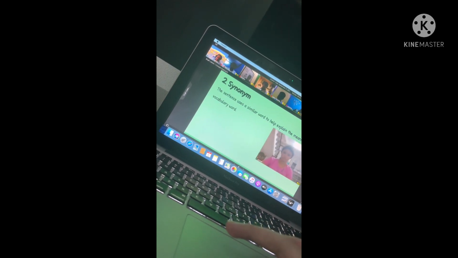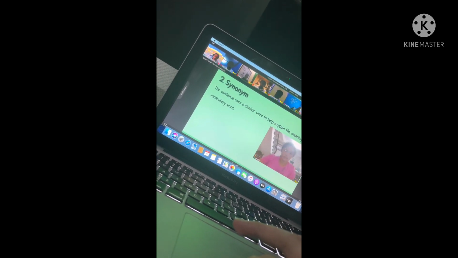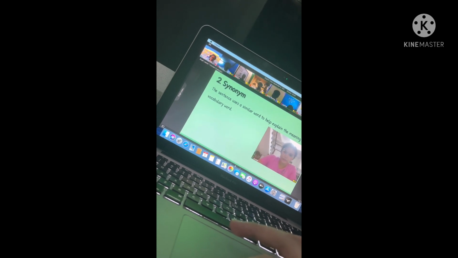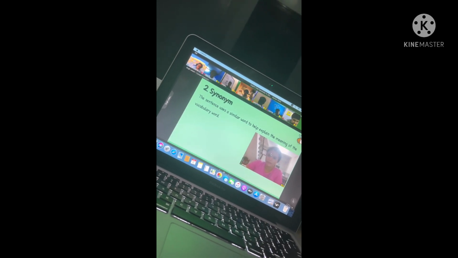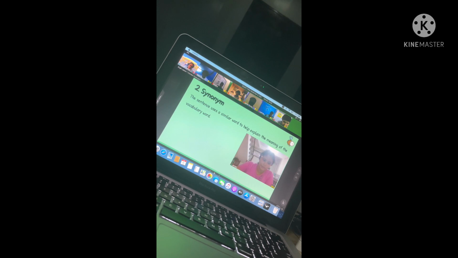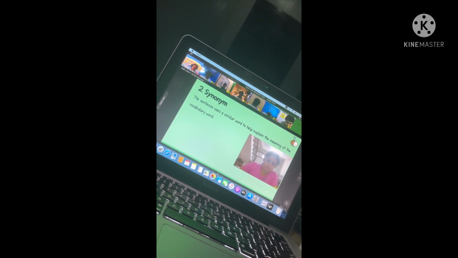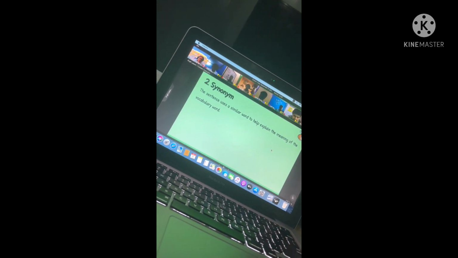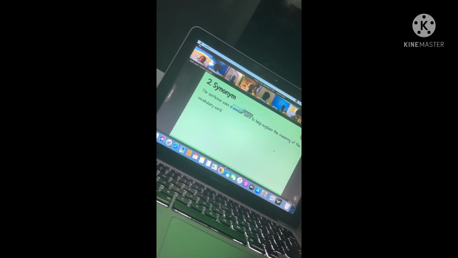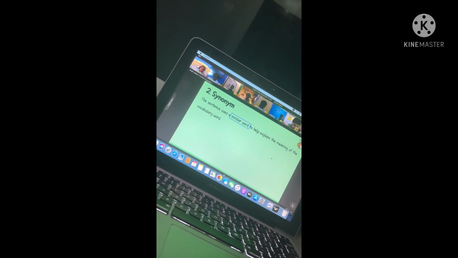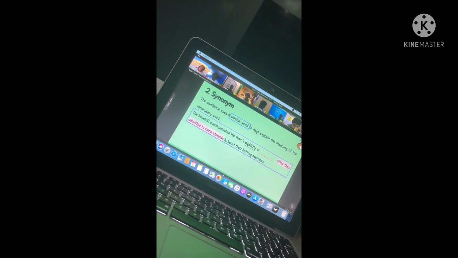Okay, very good. Can you read, Jamila? The sentence uses a similar word to explain the meaning of their vocabulary word. Okay, thank you, Jamila. So, synonym, the same meaning or similar word. Okay? So, let's have an example here.